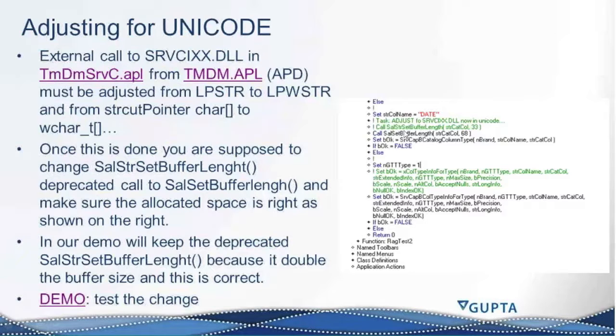And now it's Unicode compliant, so you have to make sure that the size is set correctly. Otherwise, you'll have memory allocation problems. In our demo, we'll keep the deprecated one because it doubles the buffer size, and this is correct.